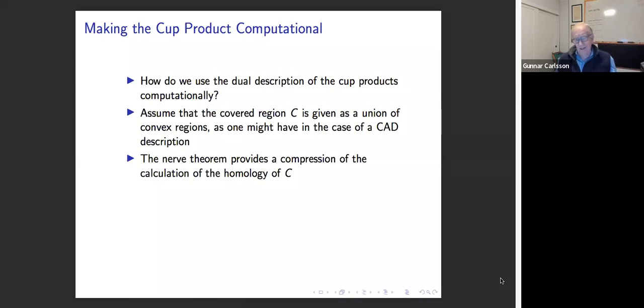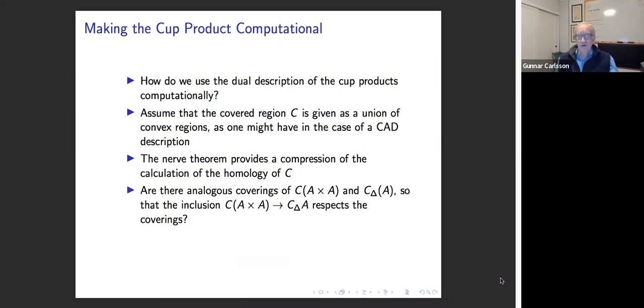But on the other hand, that's not so useful to us. But what this says is that we can compress that calculation into something where the chains are just the sets that we've got in the covering, and the overlaps between collections of them. So that's a nice description of the homology of C made computational.